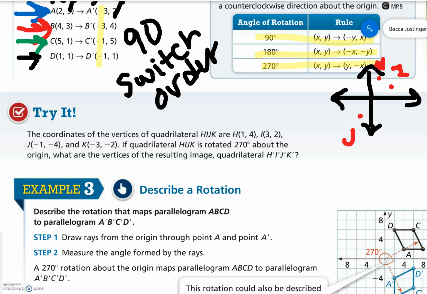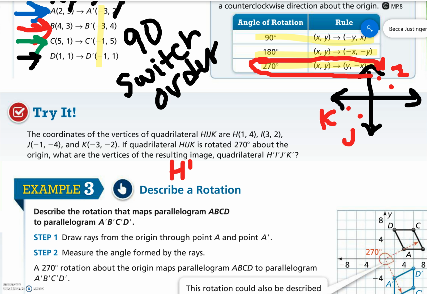And K is -3, -2. So I want to rotate it 270 degrees. So I'm going to look at this rule of 270 degree rotation. And I know I have to take both my points and flip them and make the second one negative.